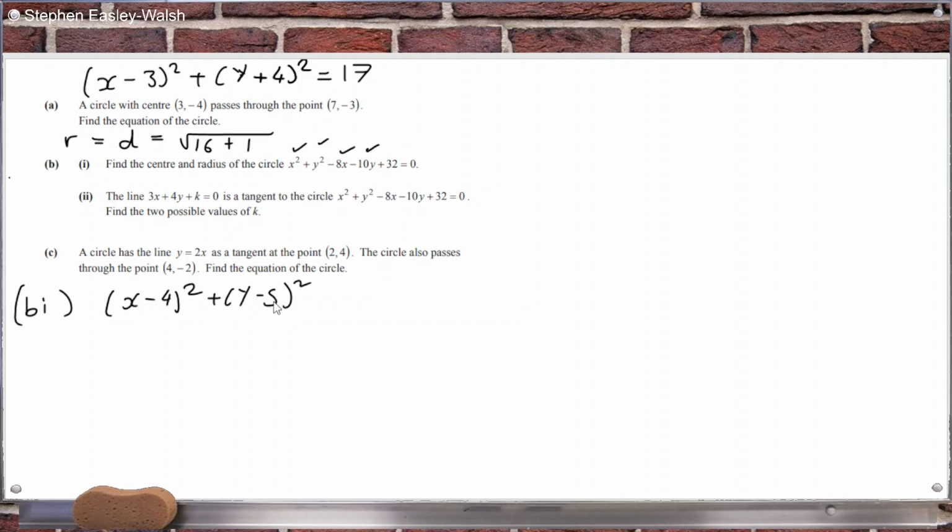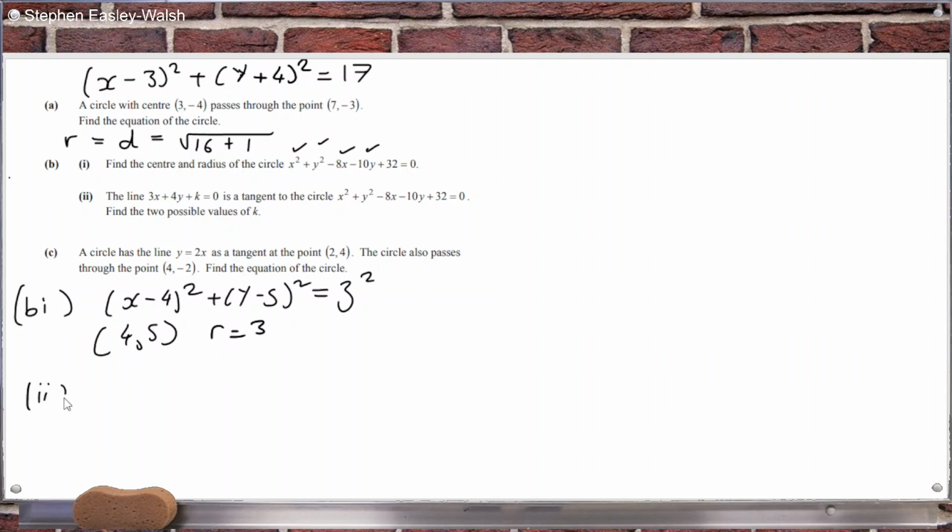But this makes a plus 25 and a plus 16, which is a plus 41. But I only need a plus 32, so I have to put a minus 9 at the end. So this will be minus 9 equals 0, or in other words, equals 9, or in other words, equals 3 squared. So the center is at 4, 5 with radius of 3.